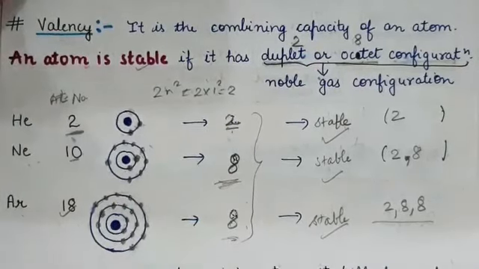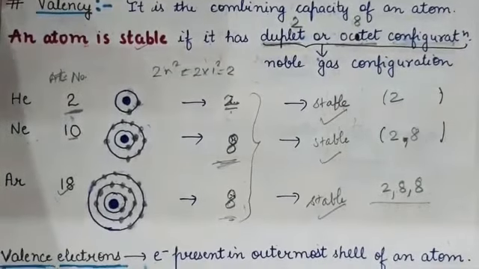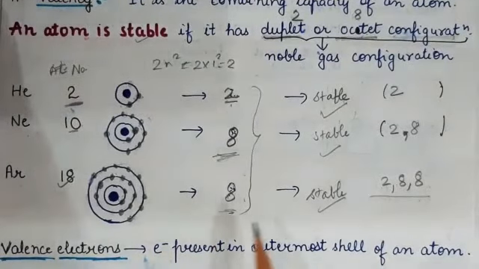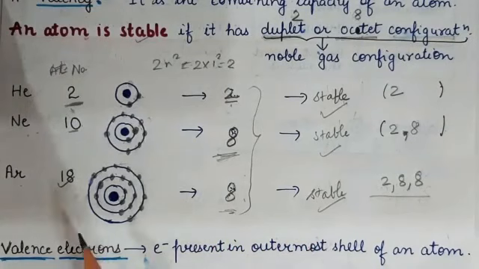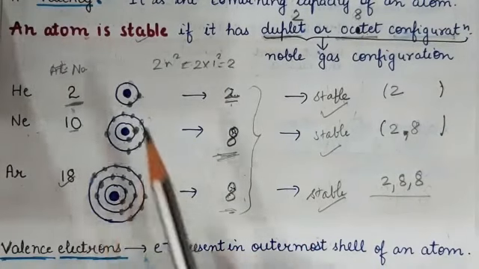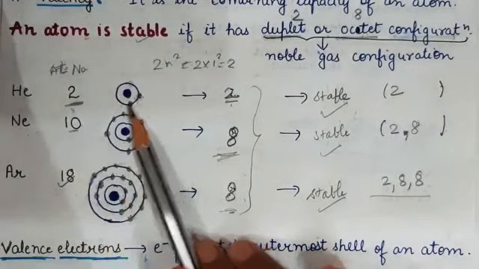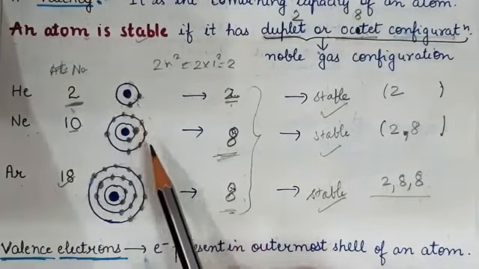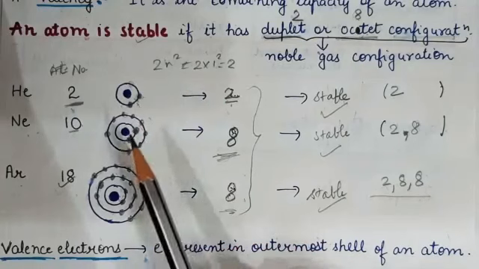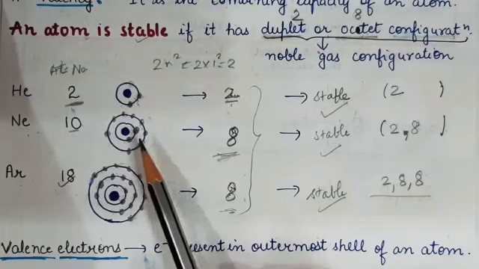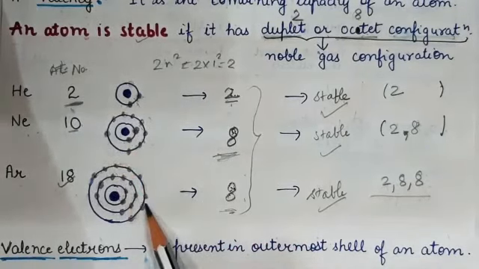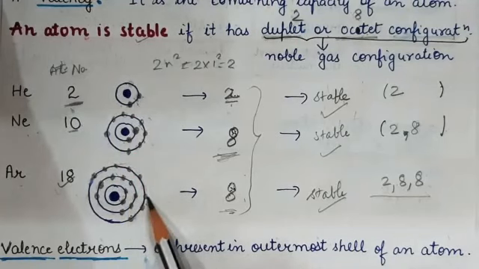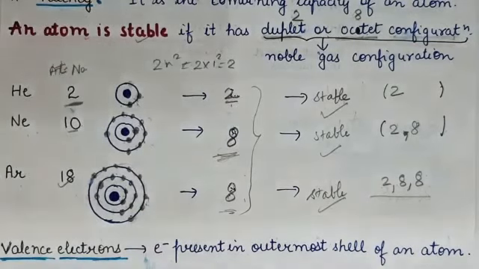Clear, students? So what are valence electrons? Electrons present in the outermost shell are called valence electrons. In the first case, only one shell is present, that is outermost, so valence electrons are 2. In the second case, the outermost shell has 8 electrons, so valence electrons are 8. In the third case, the outermost shell has 8 electrons, so the valence electrons are 8. Consider only the outermost shell. Clear, students?